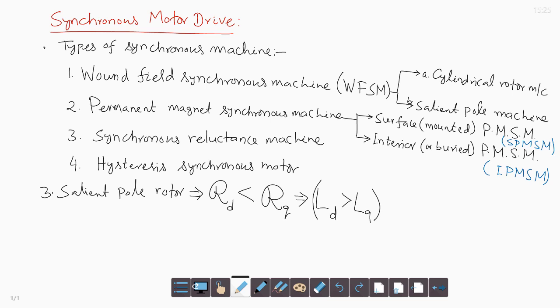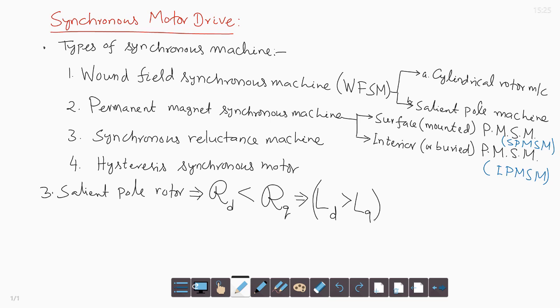So, because of more flux along the direct axis and less flux along the quadrature axis, the rotor direct axis always aligns along the rotating stator MMF, because the stator carries a 3-phase distributed winding. When the stator is given 3-phase supply, it produces a rotating magnetic field. That is the basic concept of rotating magnetic field.